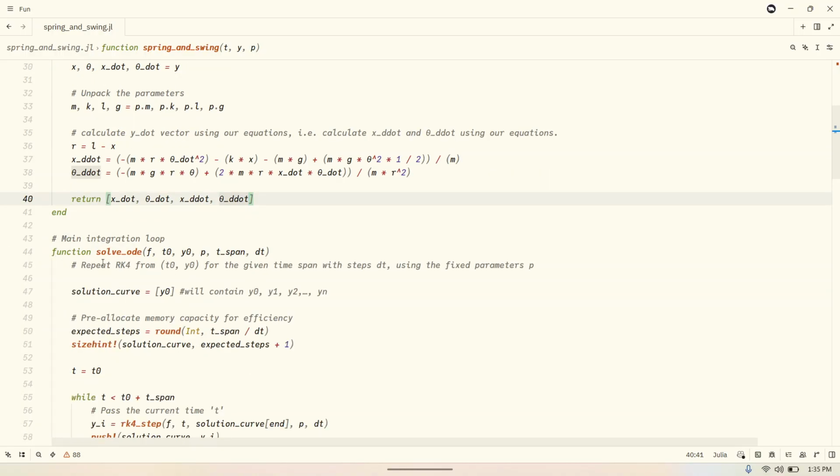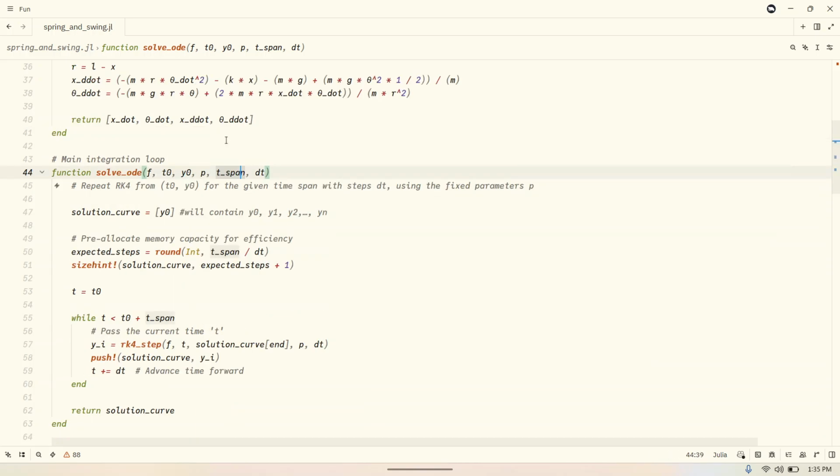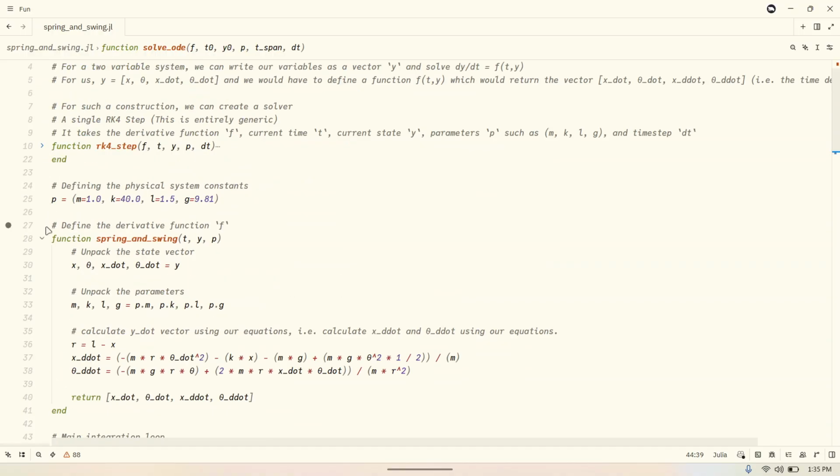Then you run the main loop where you iteratively calculate: you had y0, with the RK4 step you can calculate y1, and then you do the same for y1 and calculate y2, and so on until you reach yn for the specified time span, right?